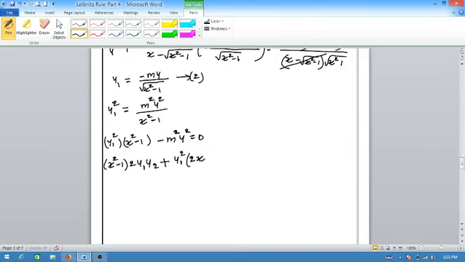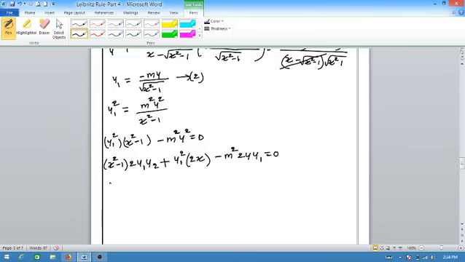So that is 2x, right, minus m square into differentiation of y square is 2y into y1 is equal to 0, right. So now in all the terms y1 is common, we can cancel it, and 2 also we can cancel.